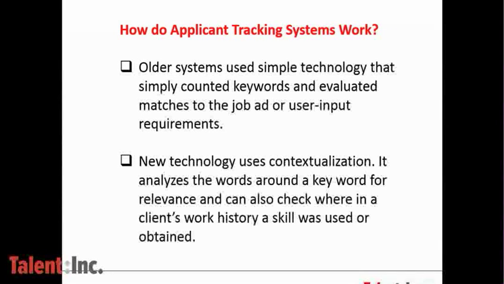So it would look for the bachelor's degree, it would look for Six Sigma, and it would count the years of experience. And that's how it would say, this is the first blush at who we're going to move forward in the process.